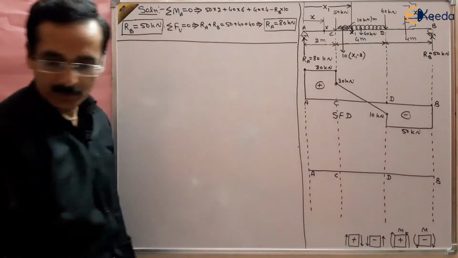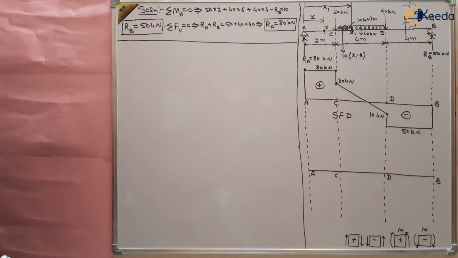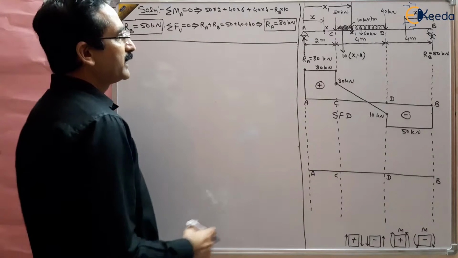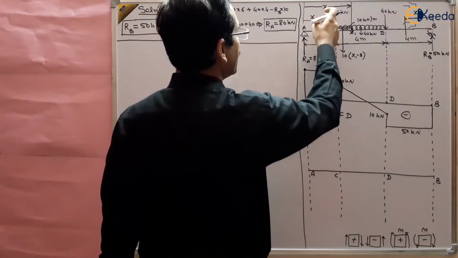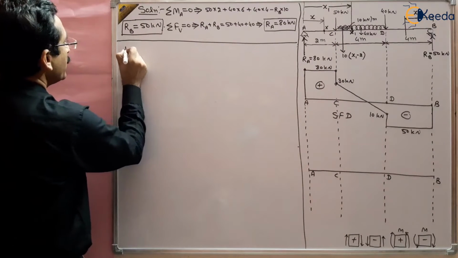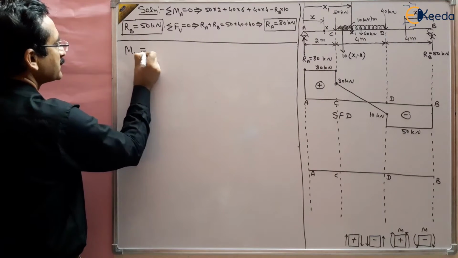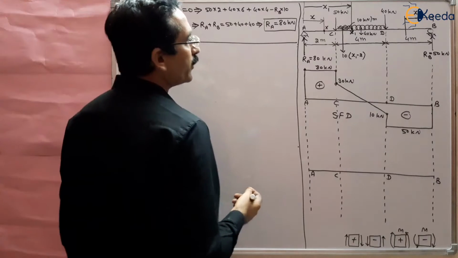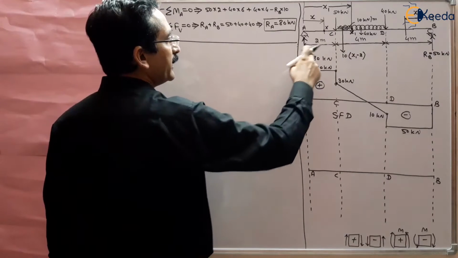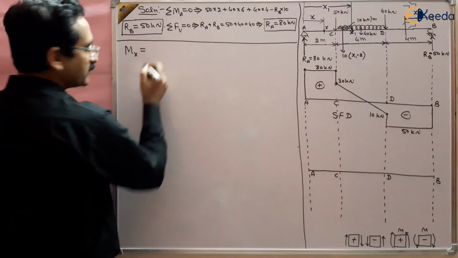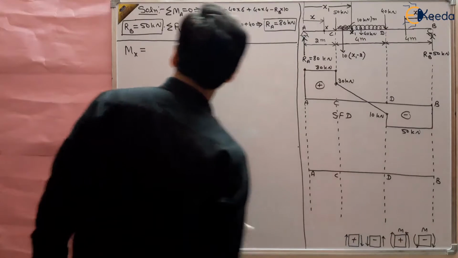And here we want to draw the bending moment diagram, right? So take the section X and find out the moment at X, Mx, that is the moment of all the forces to the left of the section. 80 multiplied by X, and this is positive, 80x.